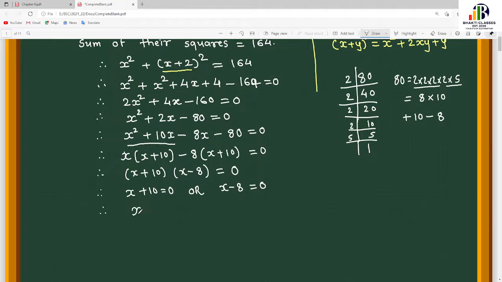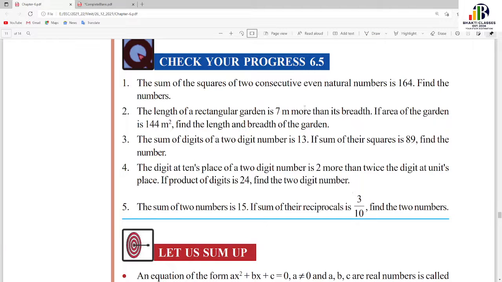Therefore, x is equal to minus 10 or x is equal to 8. According to the question, we need to find out even natural numbers, and natural numbers cannot be negative.